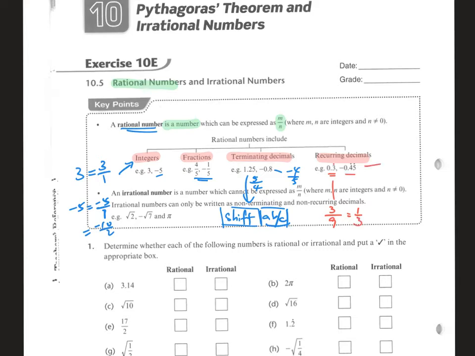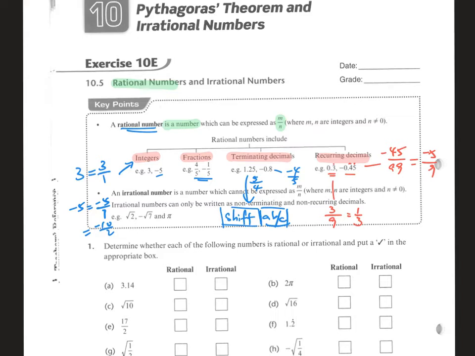While minus 0.45, because the first two numbers are repeated, should have 99 at the bottom. That means it's minus 45 over 99, which is minus 5 over 11. To do better in this chapter, try to remember these four groups of numbers. They are called rational numbers.